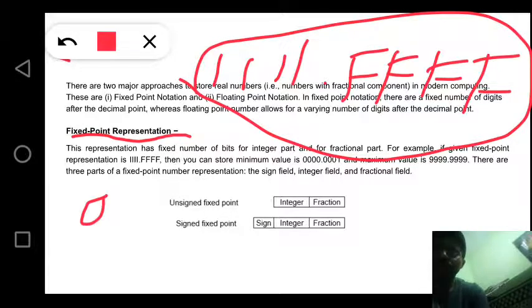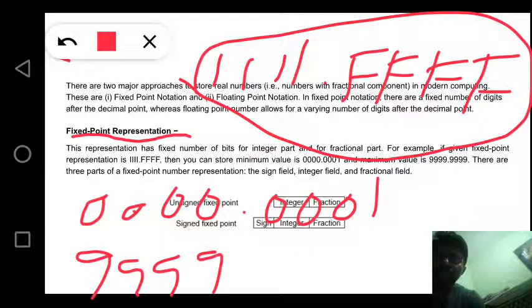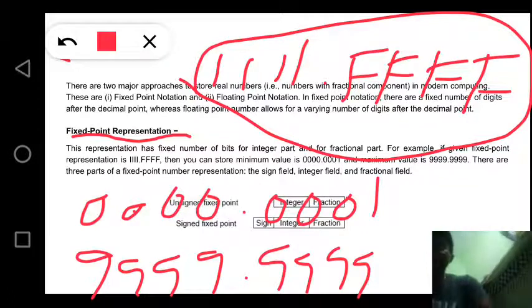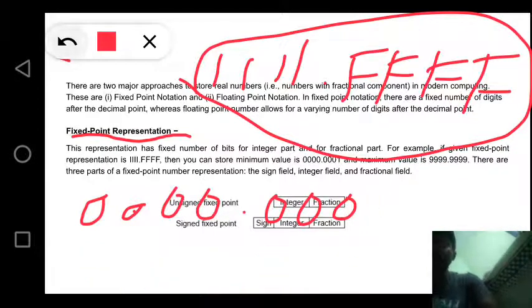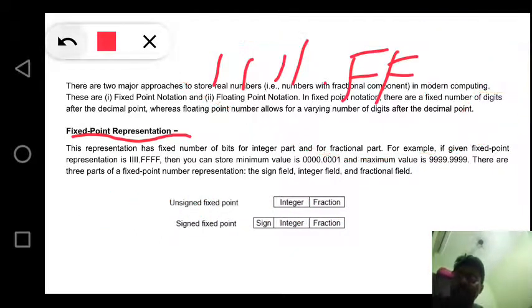So what is the minimum number? 0000.0001, and the maximum value is decimal number 9999.9999. There are three parts of a fixed point number representation: sign field, integer field, and fractional field. Again, fixed point number representation can be signed or unsigned.